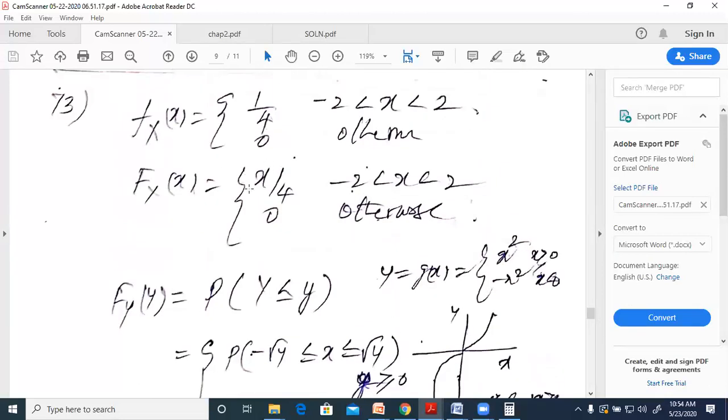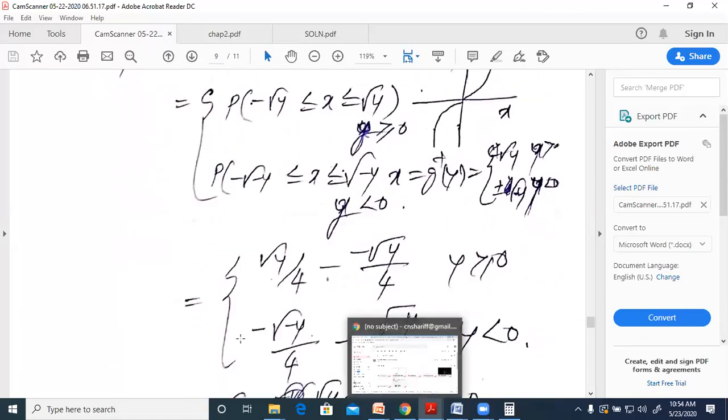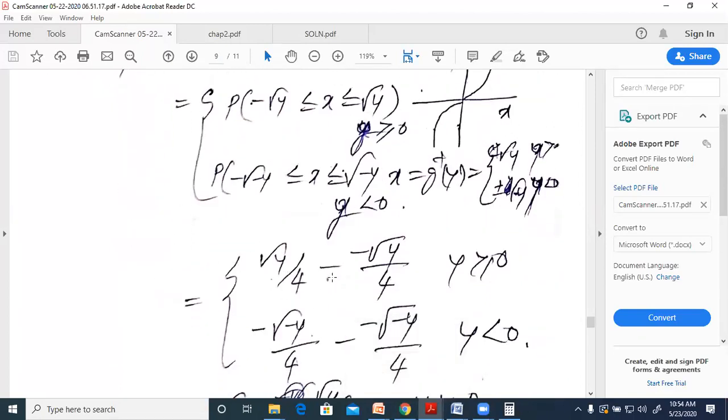So wherever that quantity is there, it will just get divided by 4. So you will get this quantity as root of y by 4 minus of minus root of y by 4, for y greater than or equal to 0. And similarly here, minus of root of minus y by 4 minus of minus root of minus y by 4. This is coming because you have two different limits, right?